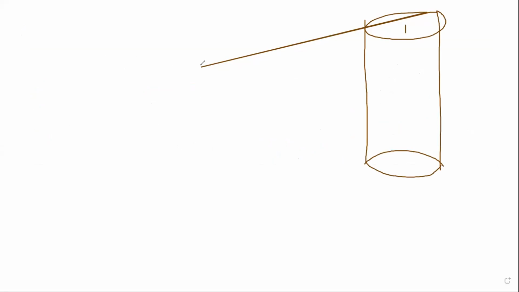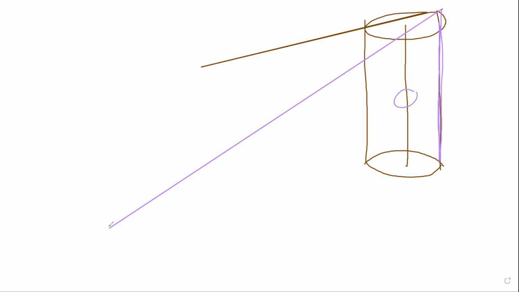The height that is perpendicular to the base, and there's another altitude that is perpendicular to the lateral face. So in a cylinder or in a prism, if you use the height or the slant height, they have the same length. So you will use the height.